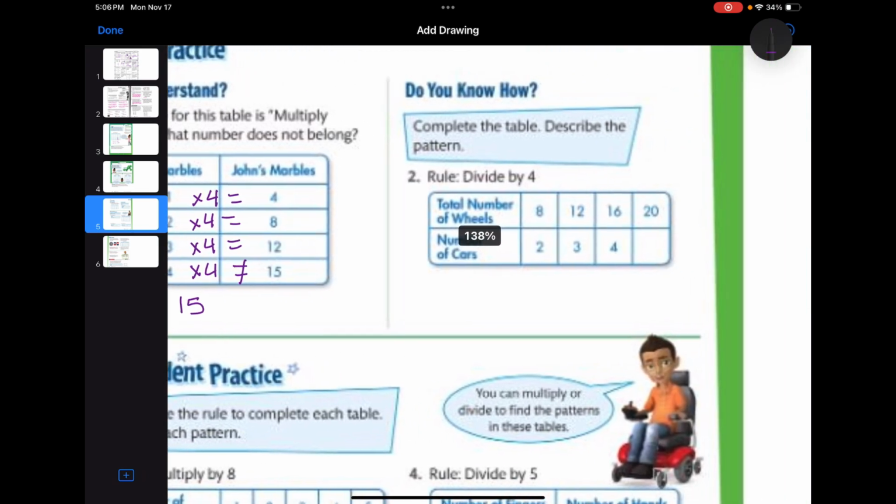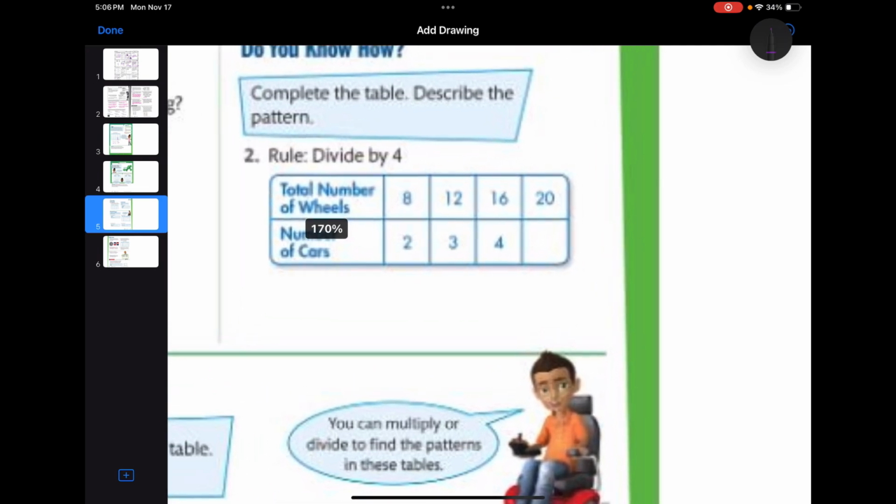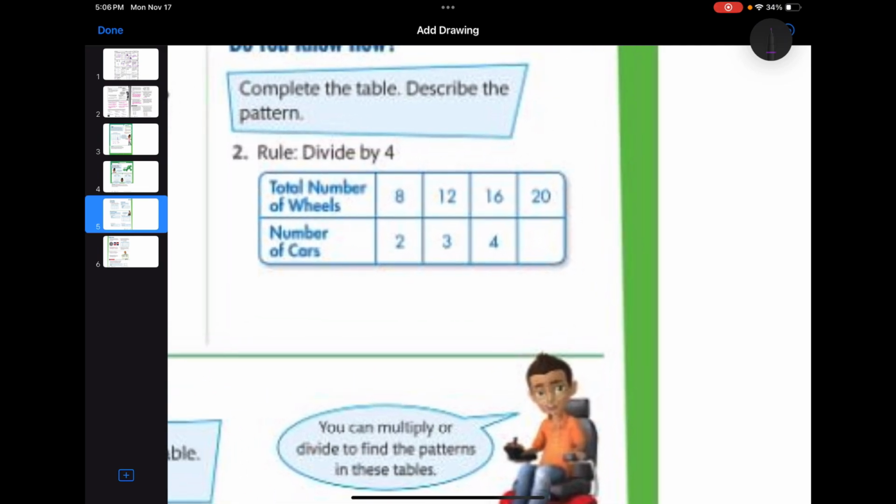Okay, let's look at number 2. Complete the table and describe the pattern. Divide by 4 is what it says to do. So it says there are 8 total wheels. We divide it by 4 and we get 2 cars. 12 total wheels.